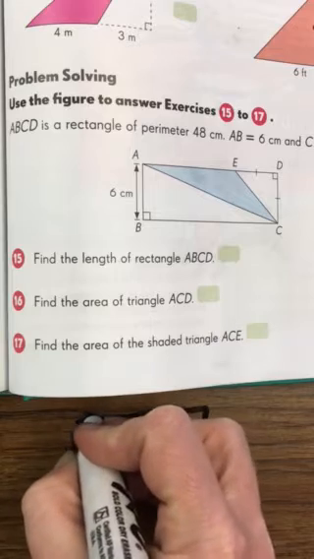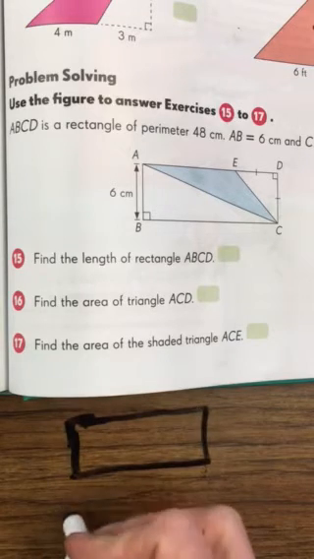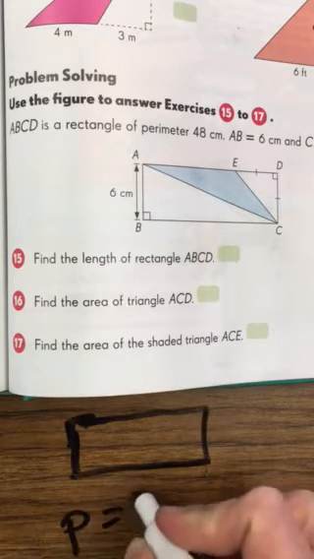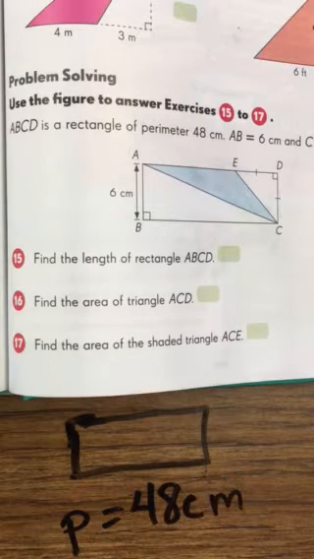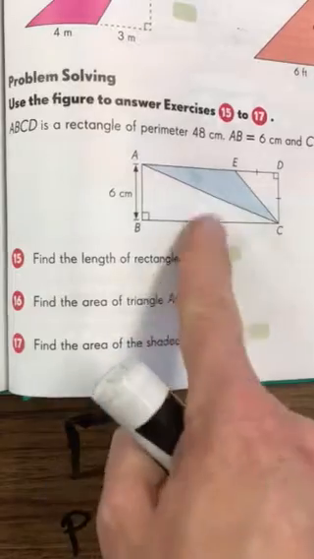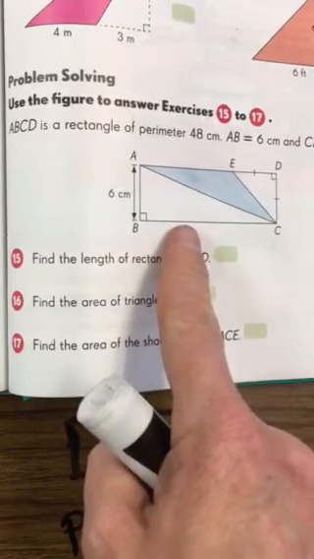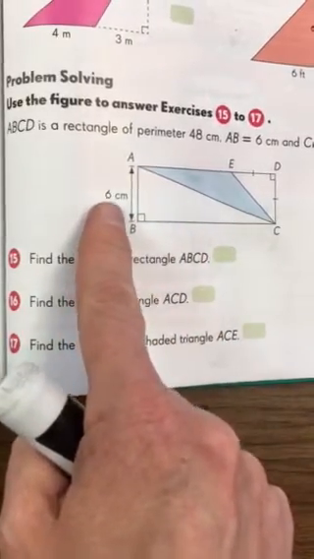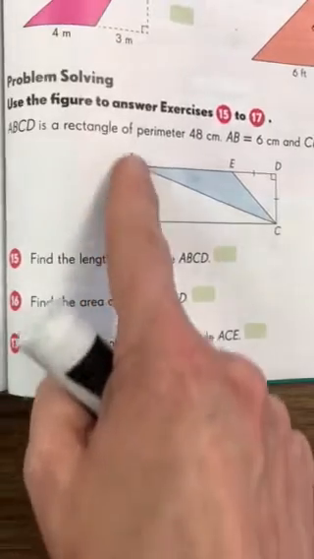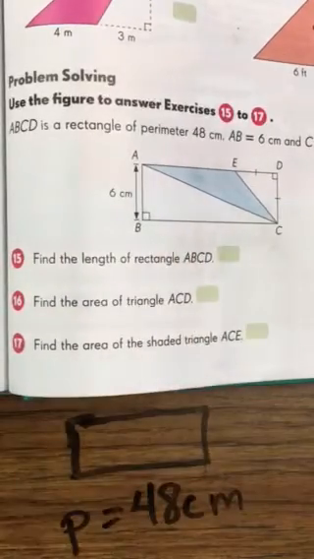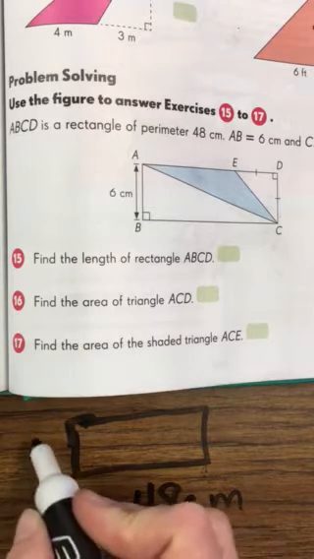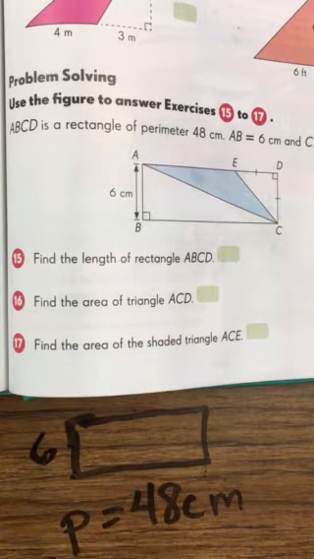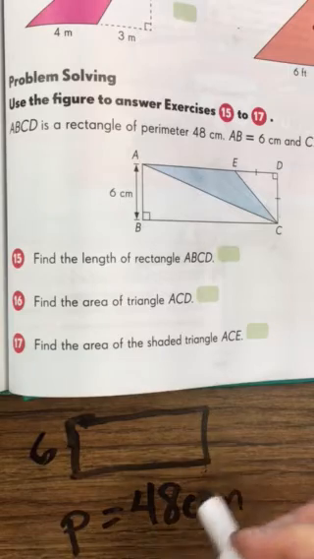And I know that the perimeter of this rectangle needs to equal 48 centimeters. Okay. When I look at the rectangle in the book, the only measurement they give me is the 6 centimeters width, okay, from line segment AB. So I can go ahead and label this one side as 6 centimeters, no room for my CM.